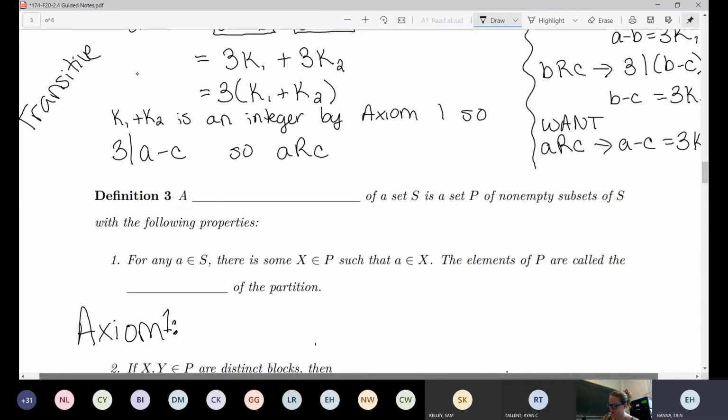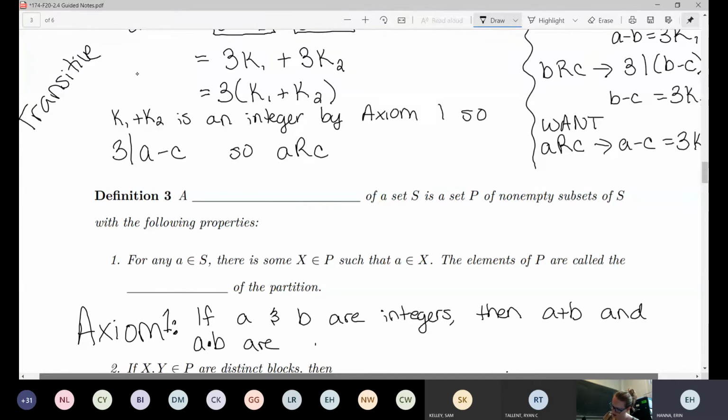I don't remember the formal statement, but it was something like if A and B are integers, then A plus B and A times B are integers. So essentially the point of this is we take it for granted that when we add two integers together, we get an integer, and when we multiply two integers together, we get an integer.